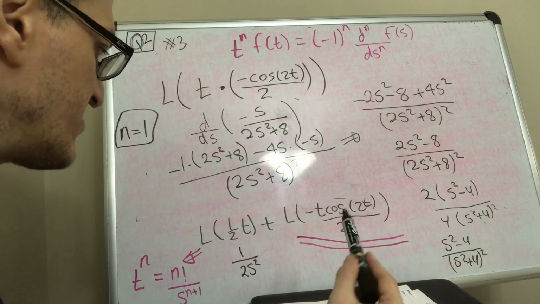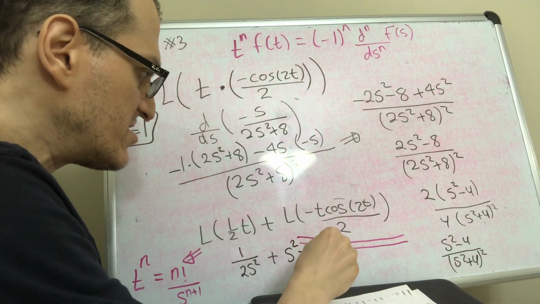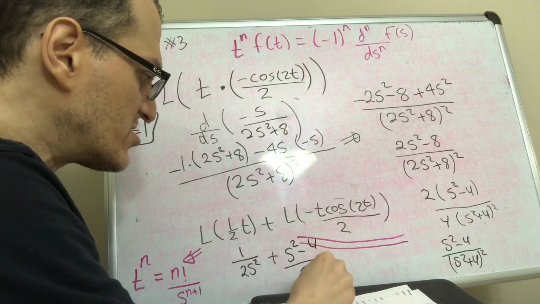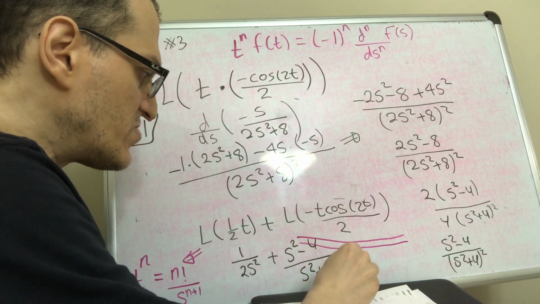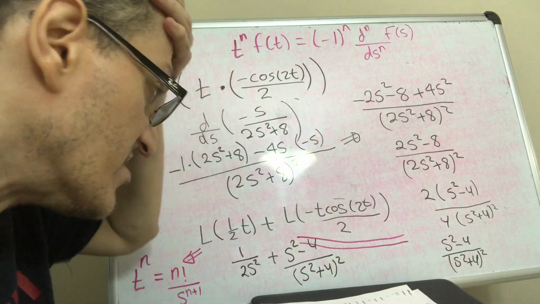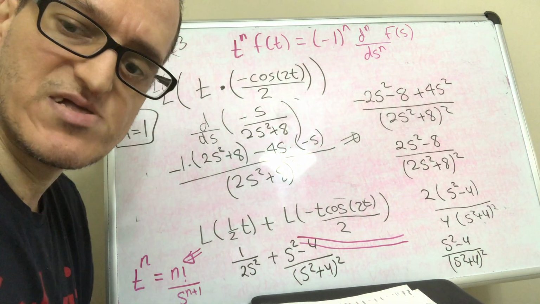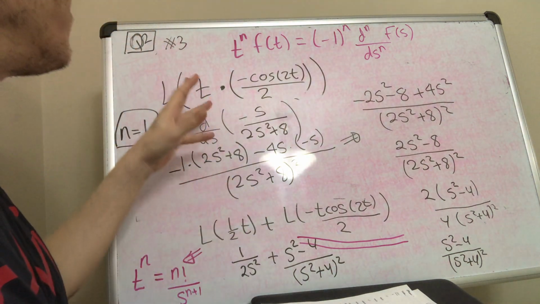So yeah, this is the right answer. So the transformation for this would be s squared minus 4 over s squared plus 4, squared. So this is the final answer. It's a little bit long, but this is how you do it when it's t.